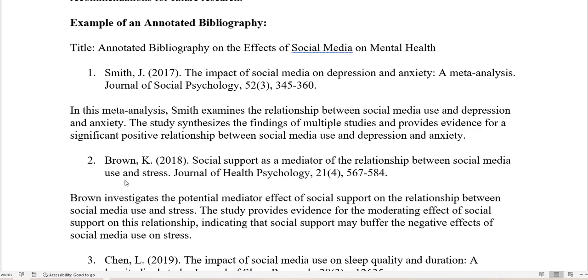And then for number 2, Brown investigates the potential mediator effect of social support on the relationship between social media use and stress. The study provides evidence for the moderating effect of social support on this relationship, indicating that social support may buffer the negative effects of social media use on stress.